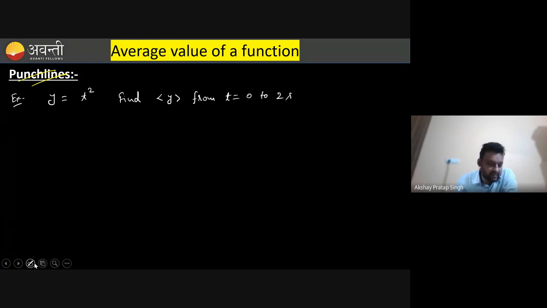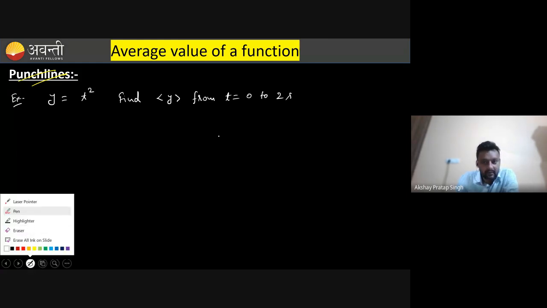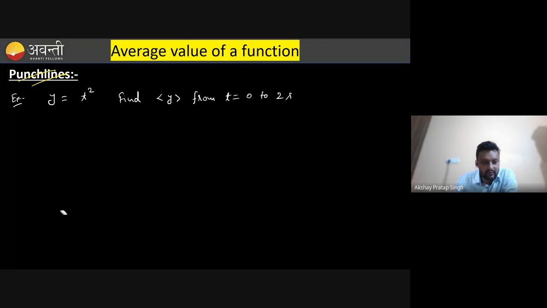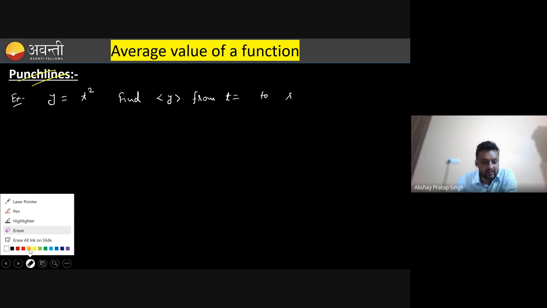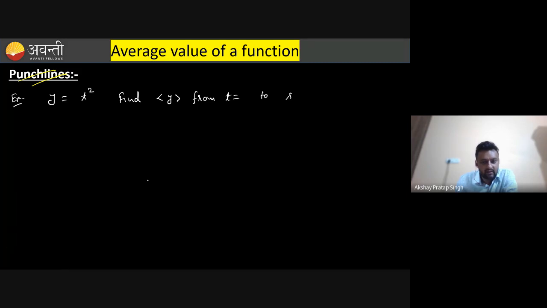Or let's change the time, it will give you some idea. Let's suppose 2 to 4 seconds. Now you need to find the average value of y from 2 to 4 seconds. So how will you find it?